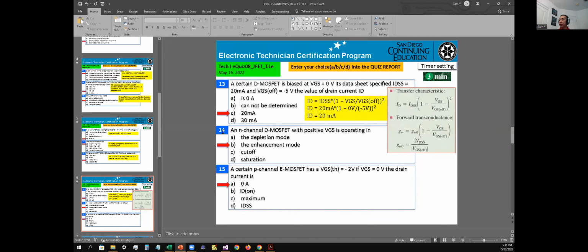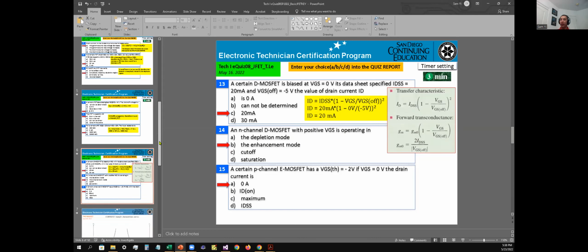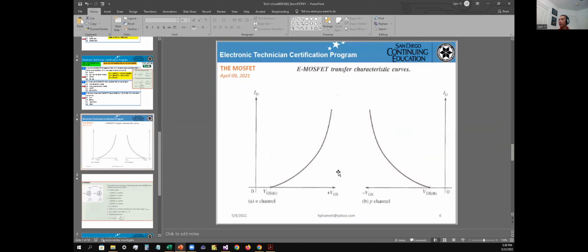Number 14, an N-channel D MOSFET with a positive VGS will be operating in the enhancement mode. This is the enhancement MOSFET transfer characteristic, so it's opposite.